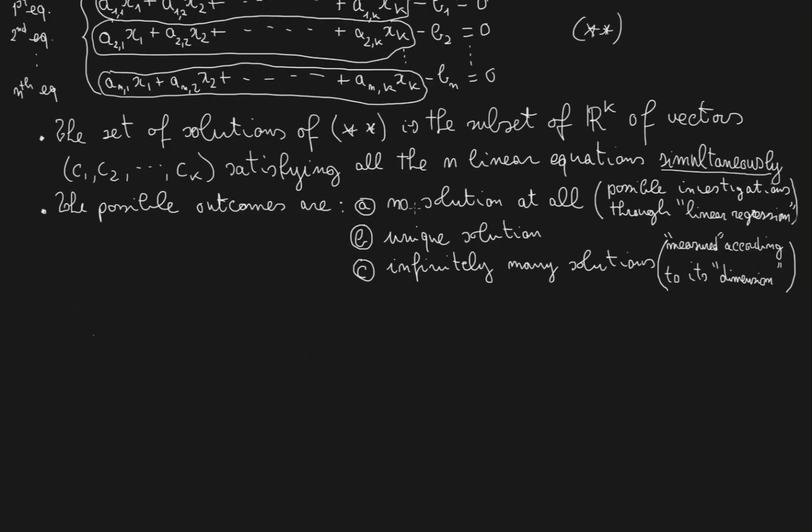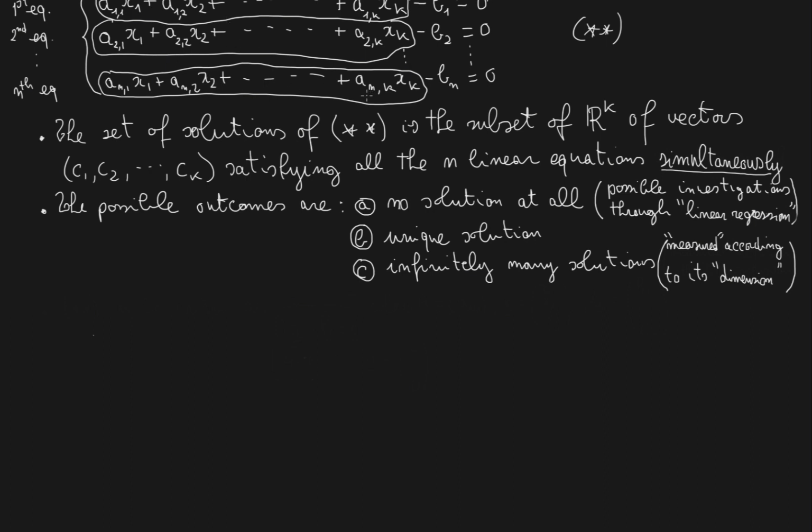Notice that if there is no solution at all, we can still investigate inside Rk if there is some linear subspace, hyperplane, that somehow gives the approximation to all these n equations. So we are looking at k-tuples in Rk which belong to a linear subspace, and somehow give the best approximation to solutions to all these n equations.